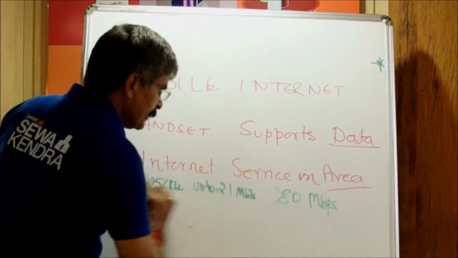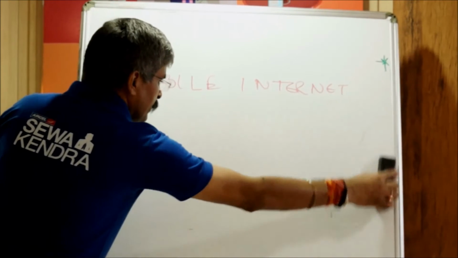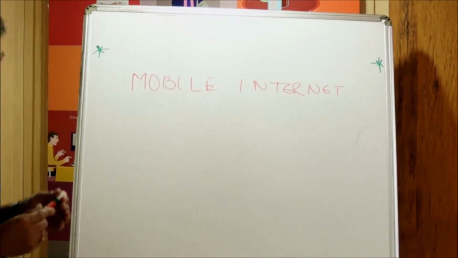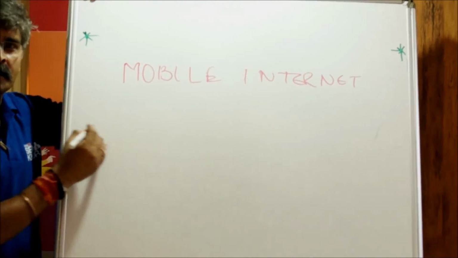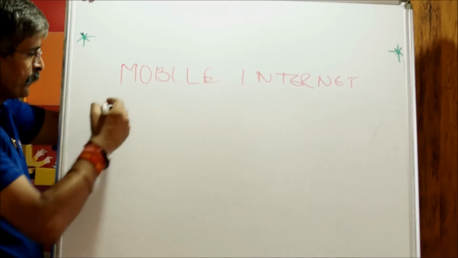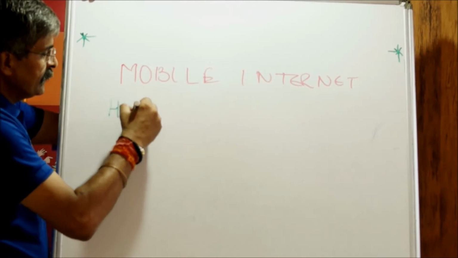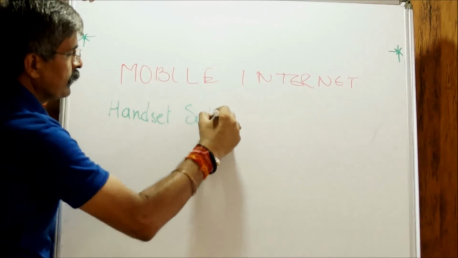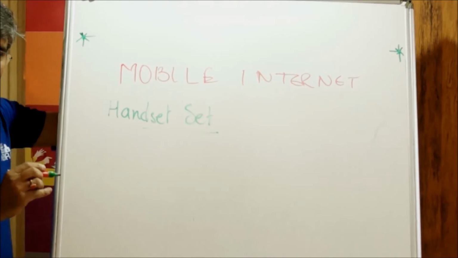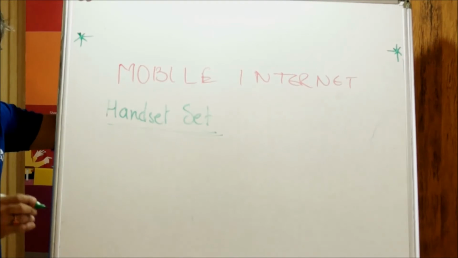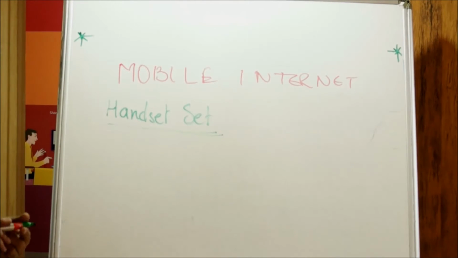So on a mobile internet, as we discussed, there is a handset which should support data, and then there is the internet service provider which should provide the service. There are different handsets available which support 2G, 3G, 4G.